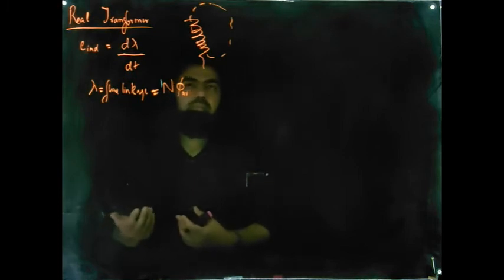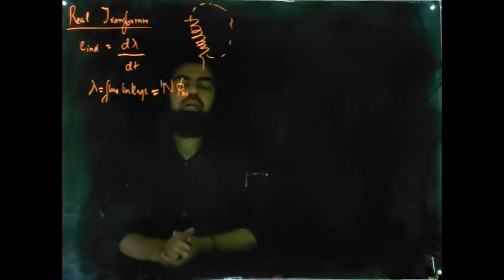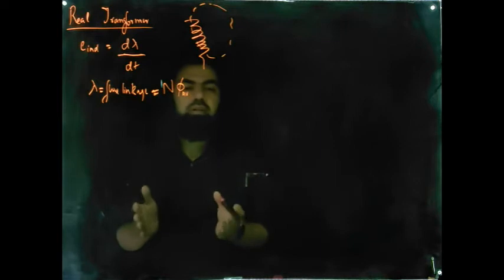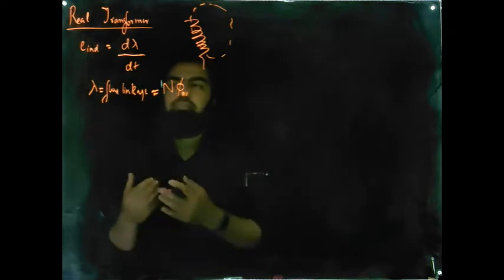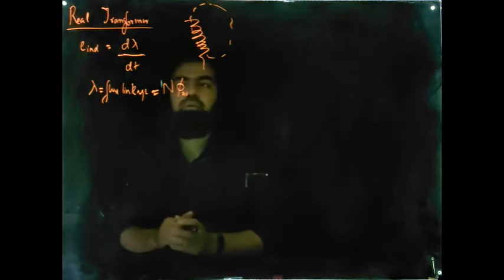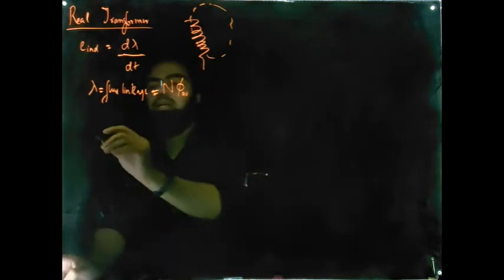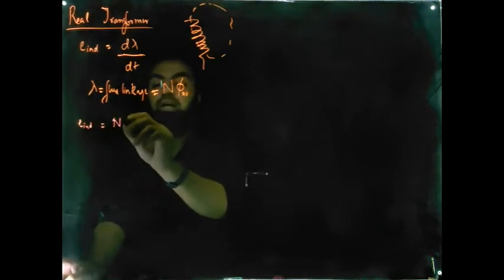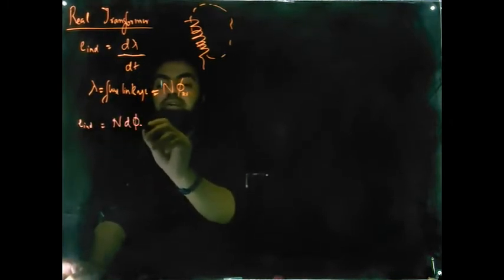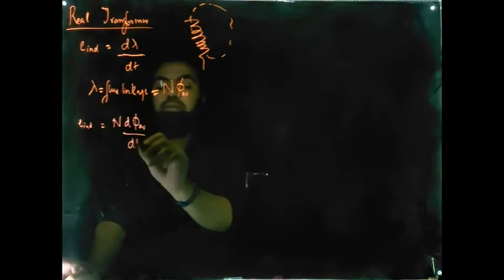But on an average, if the average flux that cuts through this winding is phi average, therefore the induced EMF in this coil will be equal to d lambda by dt, or E induced is equal to n d phi average by dt.